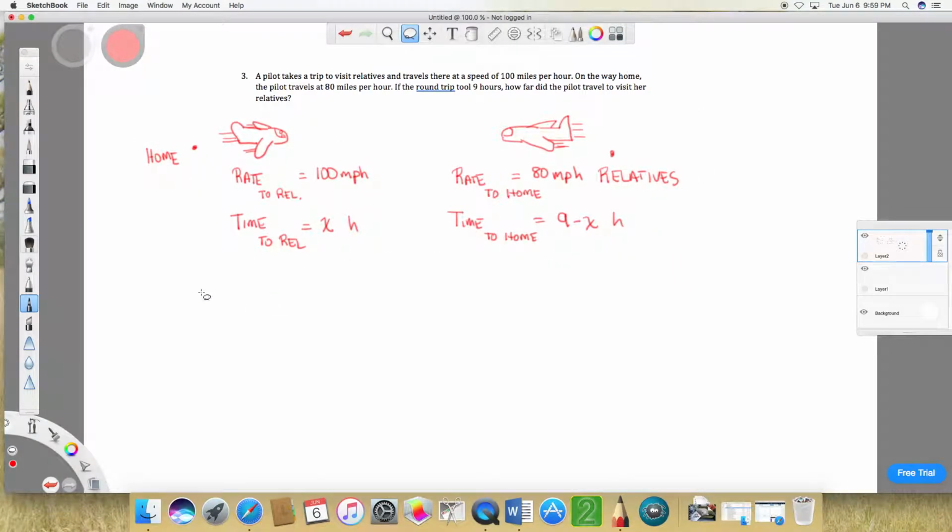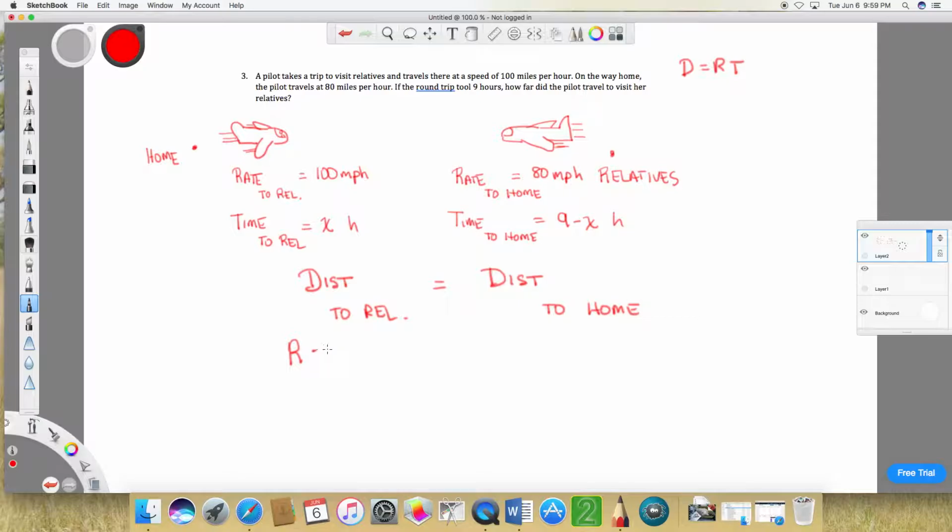So the idea here with the uniform motion, my relationship is distance is equal to rate times time. So the distance to go see the relatives is the same distance that we travel to go home again. So we know distance is equal to rate times time.